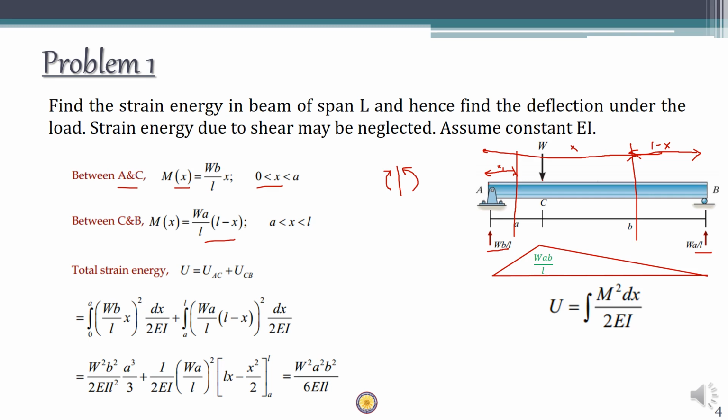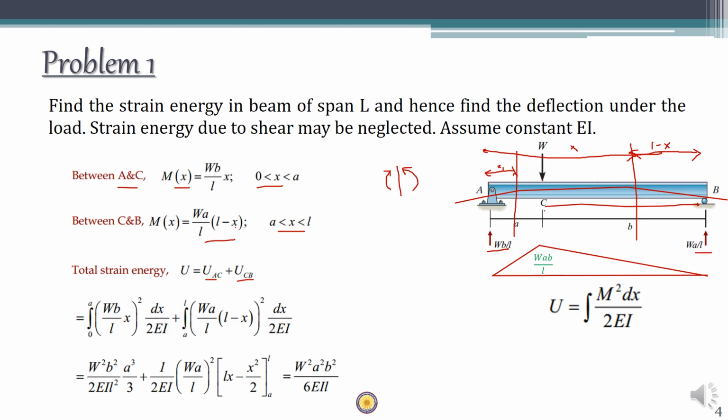Here you can see that for the section C to B, x will be varying from A to L. So for x varying from A to L, the expression for Mx is WA by L multiplied by L minus x. Now in order to find the total strain energy, you have to calculate the strain energy for the first section AC, and add to that the strain energy for the section CB.